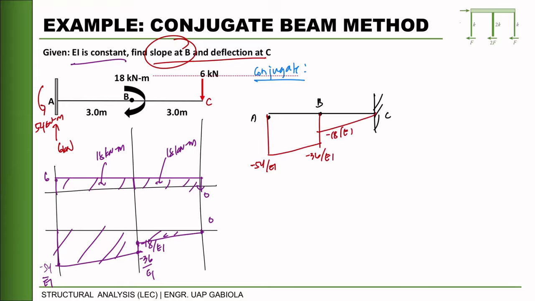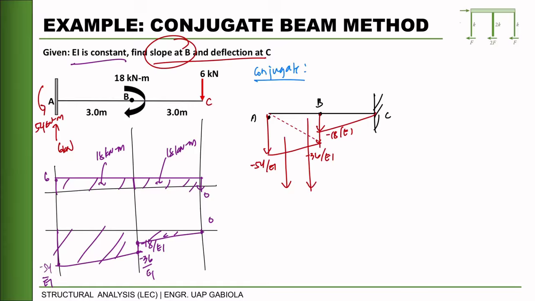Okay, so to get the ECL of this, I'll divide it into two. Okay, so these are all negative, so downwards. So the ECL would be this way and this way.